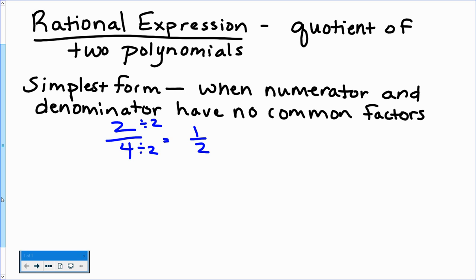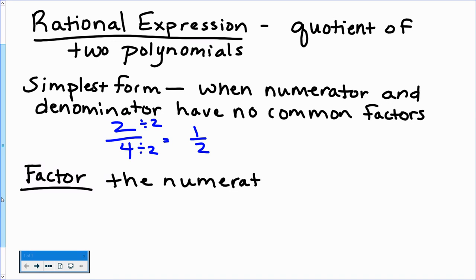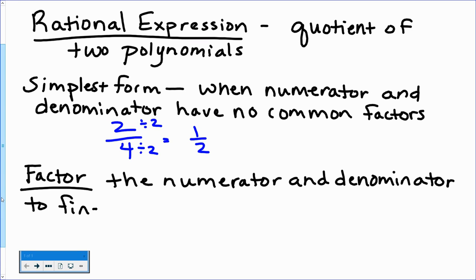So when things get more complicated with these complex polynomials, to figure out how to simplify or what common factors they have, the big thing that we will be looking at today is that we must factor the numerator and denominator to find those common factors.